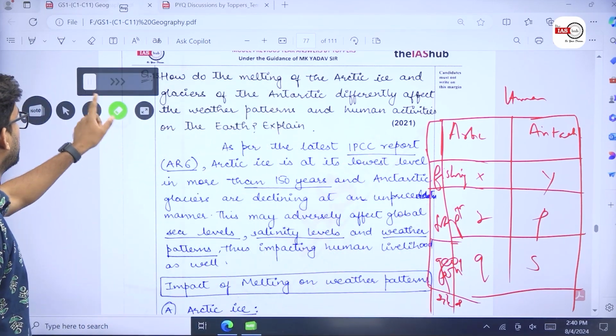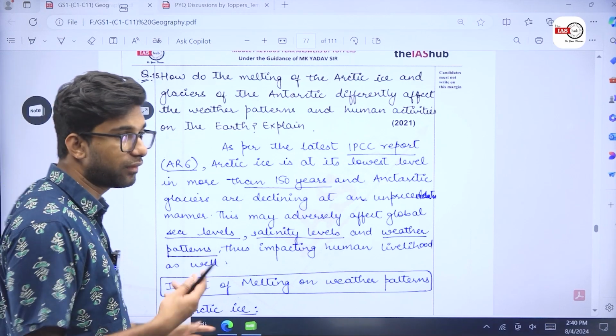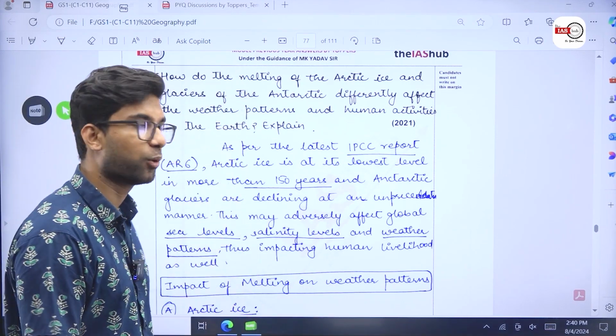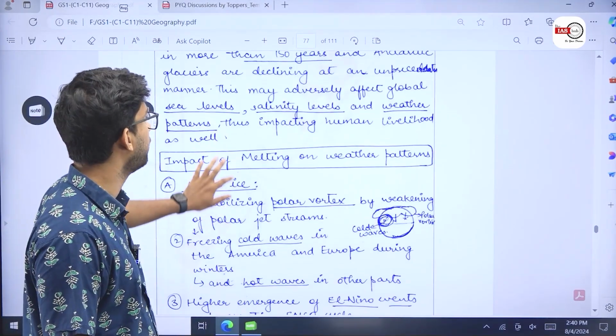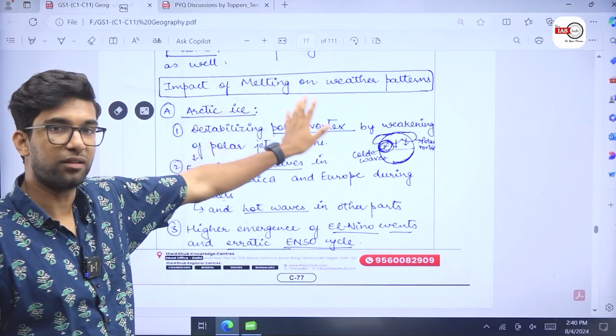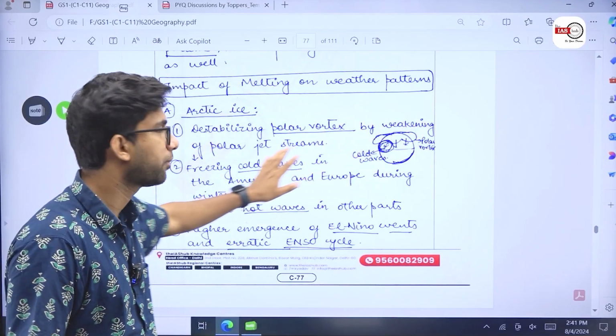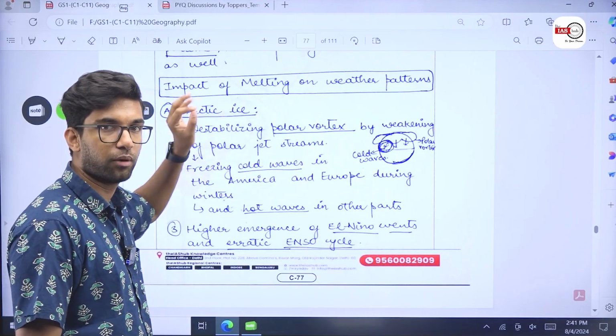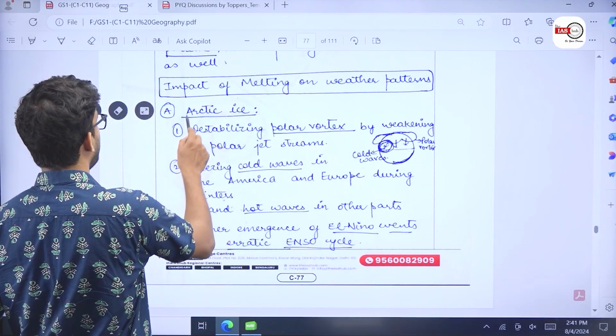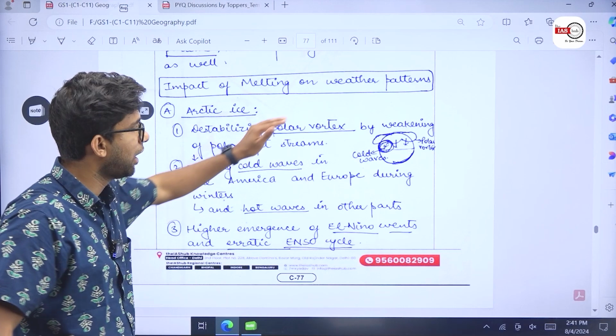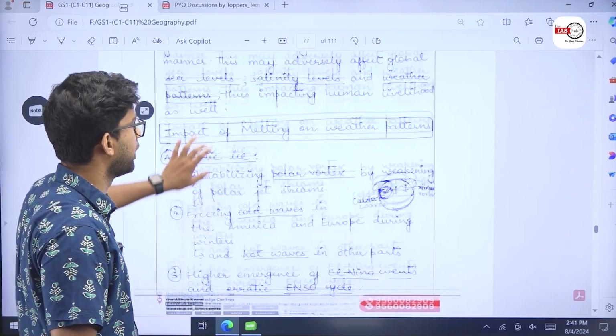So this is the ideal way in which this answer should be approached. However, since we do not have enough content on this, the practical way to approach is like this. First we told the impact of melting on weather patterns as a broad subheading. Then the first point is about the Arctic ice, and we told whatever we know about it.